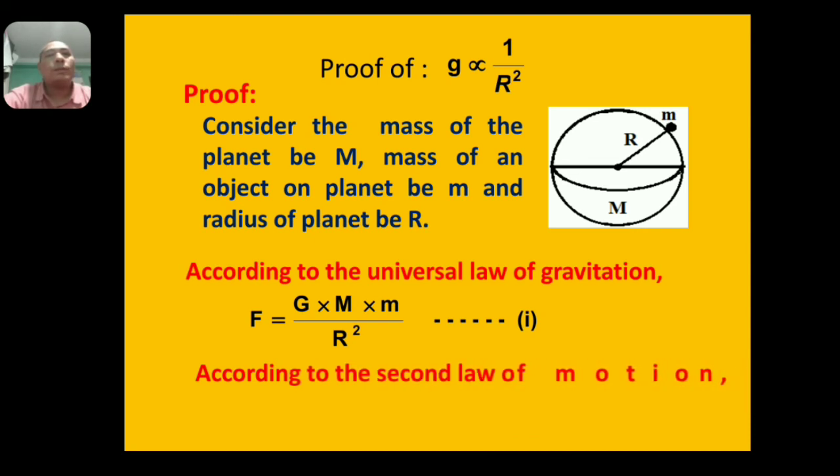According to the second law of motion, F equals to small m into small g, equation number 2.